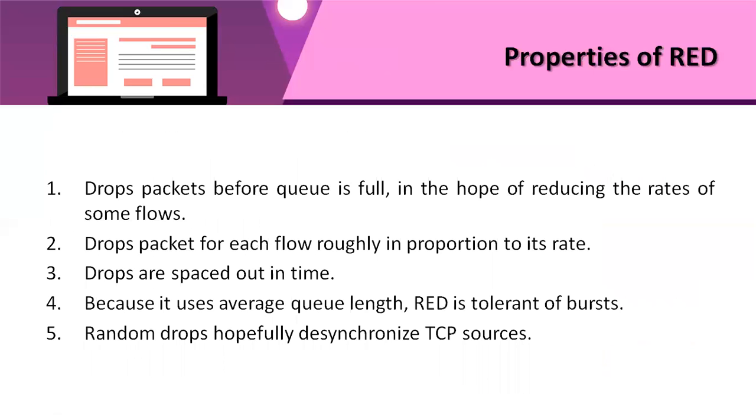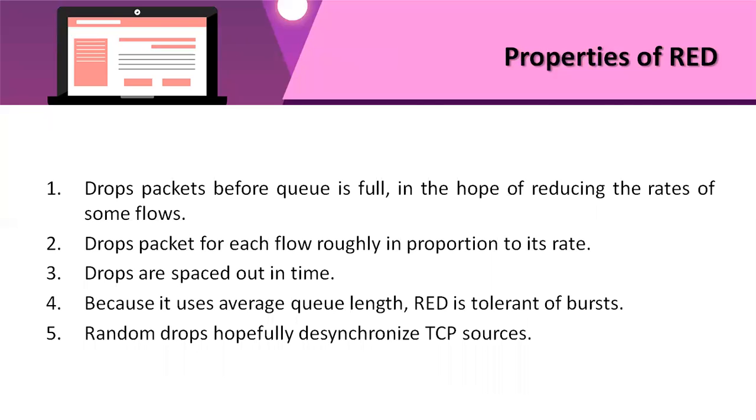There are some properties related to RED. RED drops packets before the queue is full, in the hope of reducing the rate of some packet flows. The drop of packets for each flow is proportional to the rate of the packet flow.